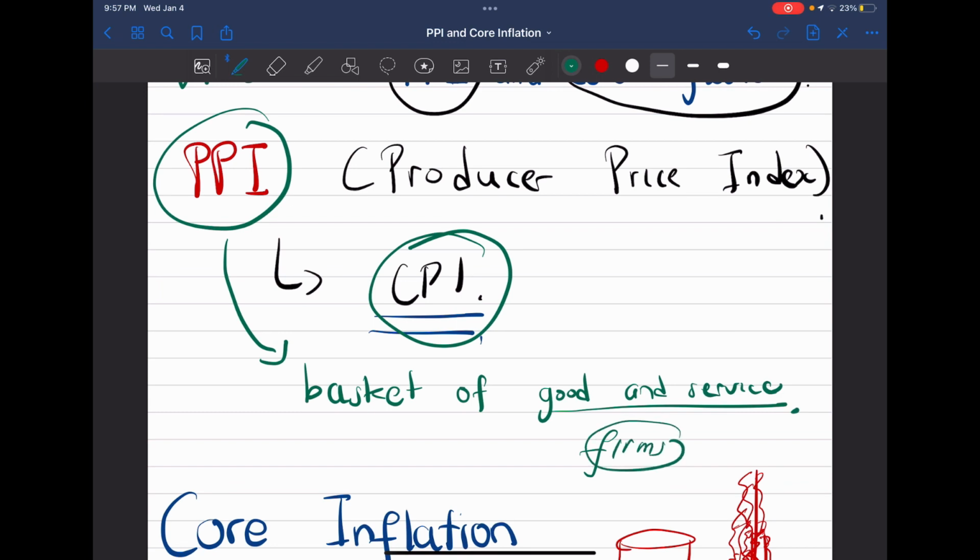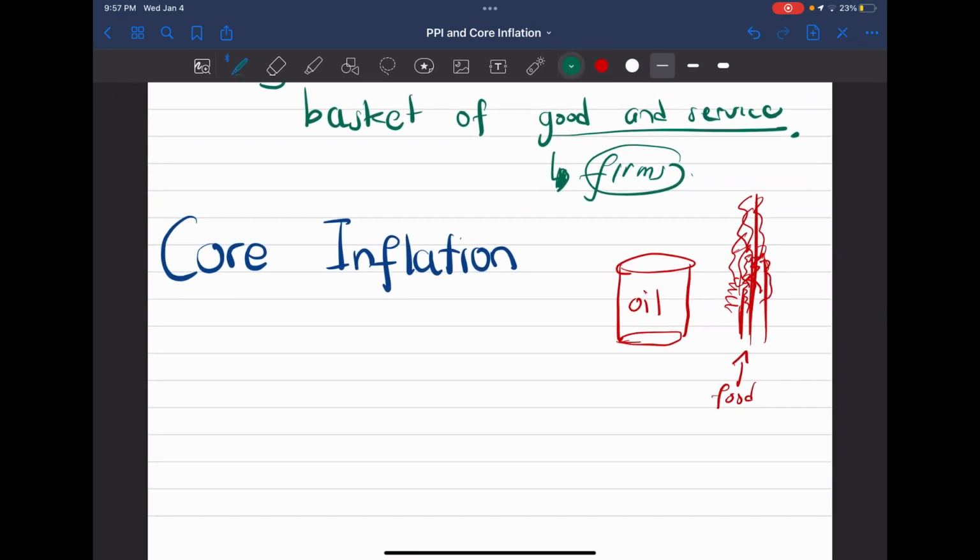So whereas CPI is the typical basket bought by consumers, PPI is the typical basket of goods and services bought by firms. So that is the difference. The other mechanics on how to calculate it are very similar to CPI, so watch that video on CPI first to understand this. Next is core inflation.